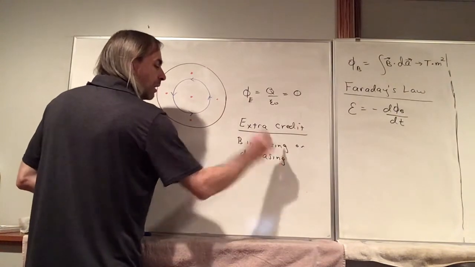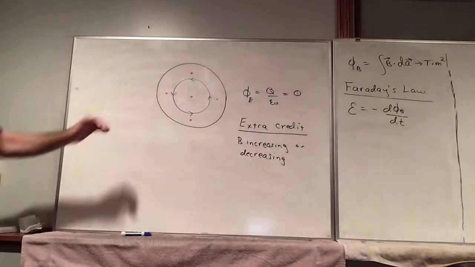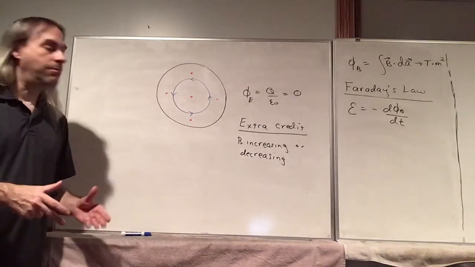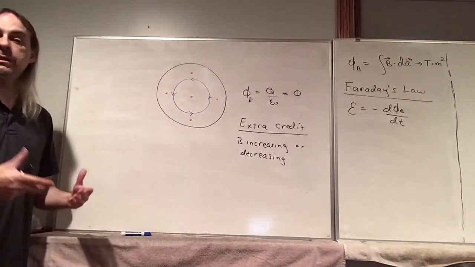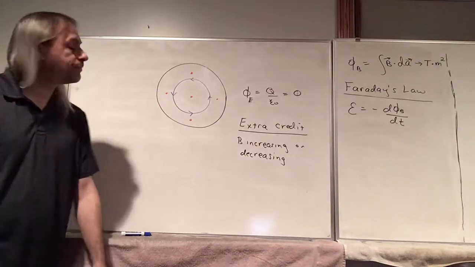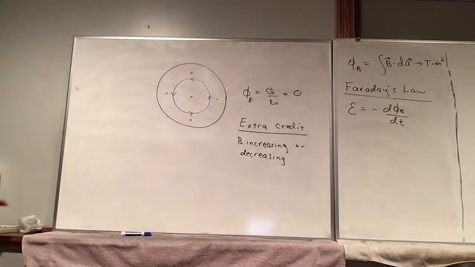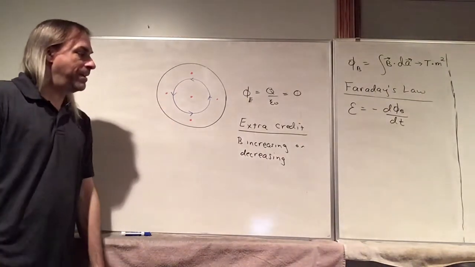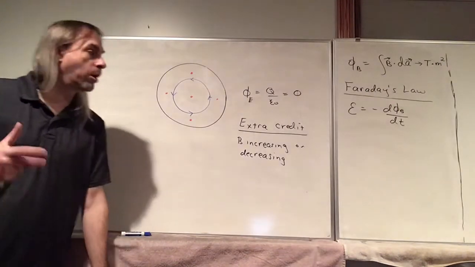So we know the magnetic field is out of the board, and it has to be changing to create this changing flux, which will then create this EMF. And so just by giving you the direction of the current, does that mean the magnetic field is increasing or decreasing?